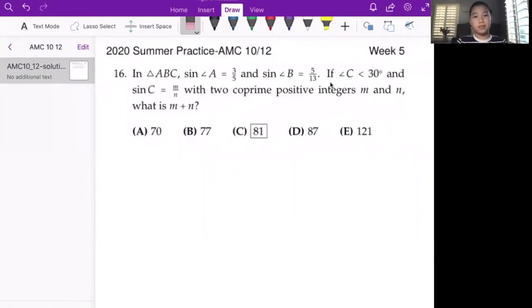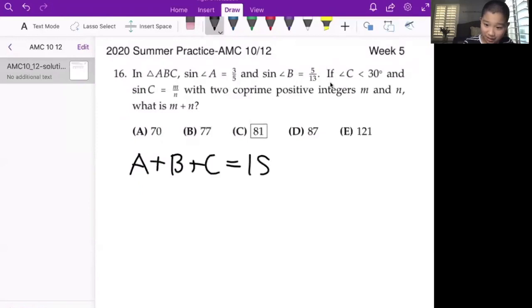Problem 16. In triangle ABC, sine of A is equal to 3/5 and sine of B is equal to 5/13. If angle C is less than 30 degrees and sine of C equals m over n with two coprime positive integers m and n, what is m plus n? Okay, so first, let's use the fact that A plus B plus C equals 180 degrees.